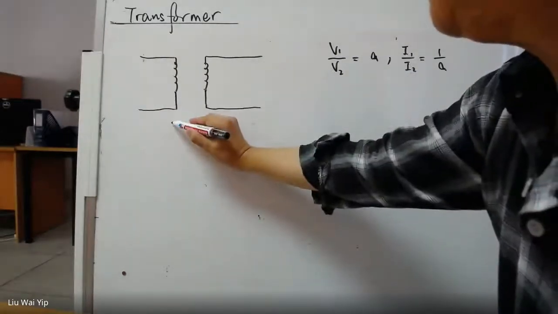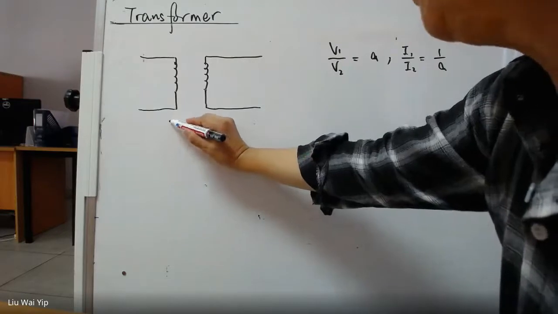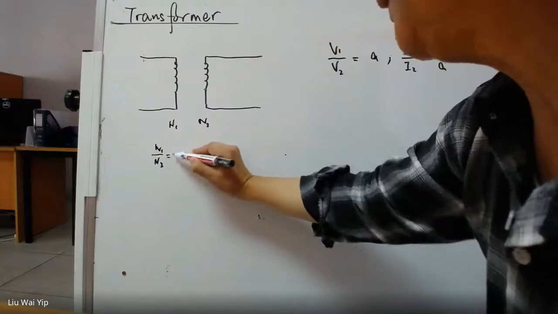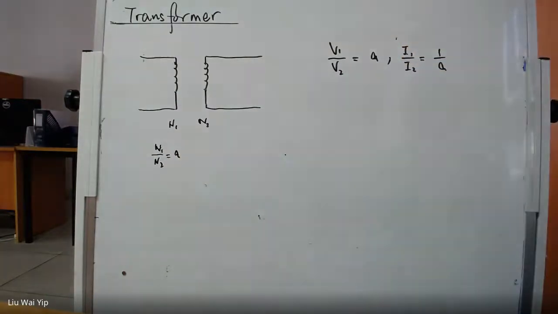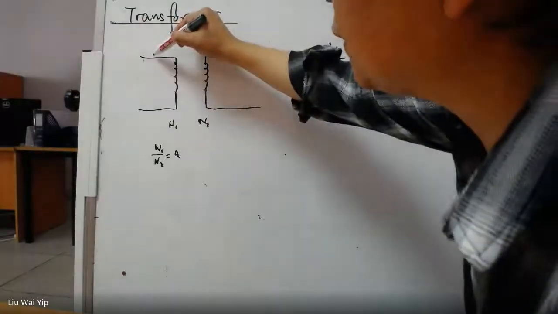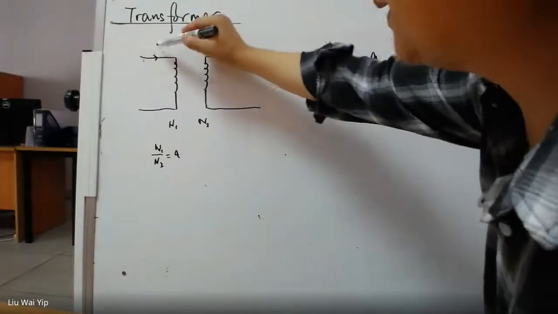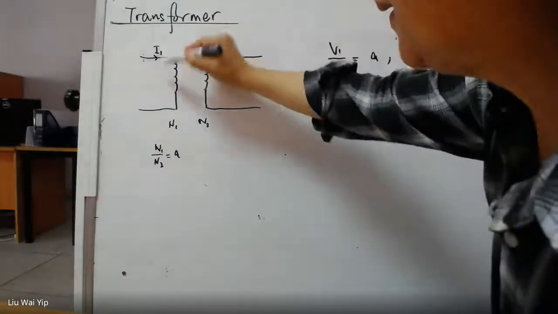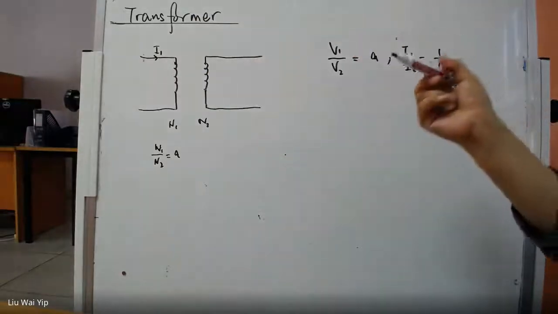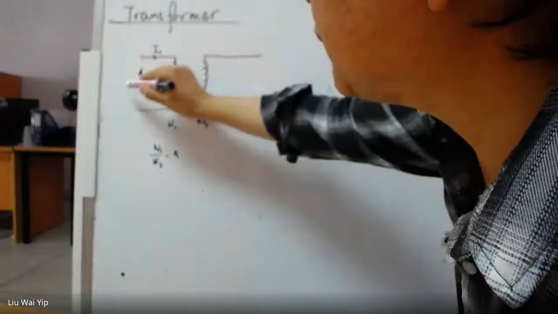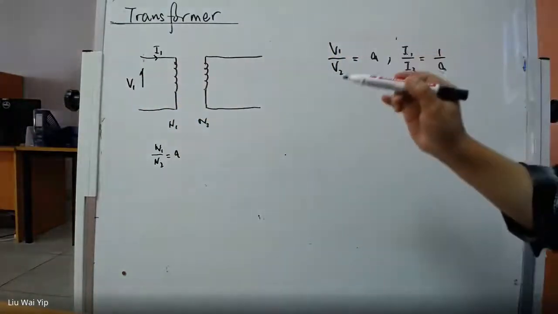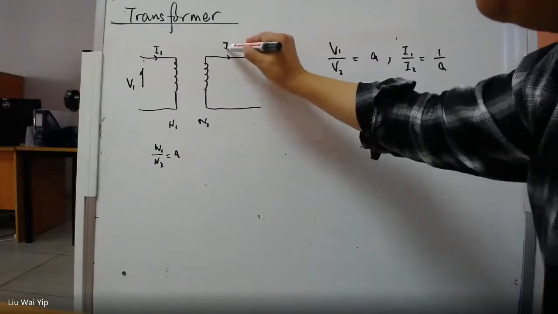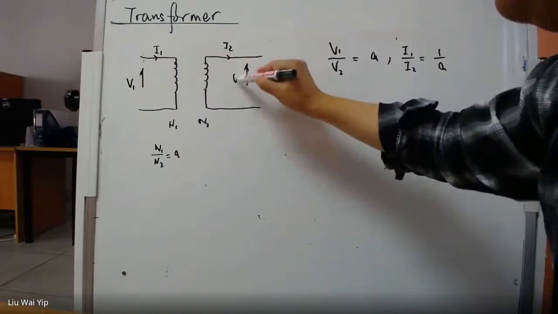And then the ratio N1 over N2 is always A. The current here and the voltage here: I'm now using phasor, I1. Phasor is the same as root mean square, okay? And then V1. So this is the ideal transformer. And we have I2 and then V2.